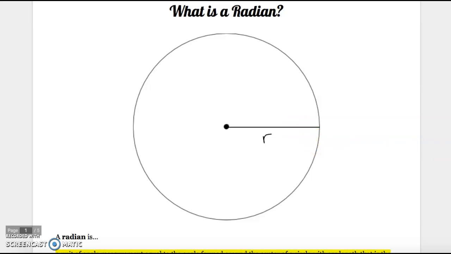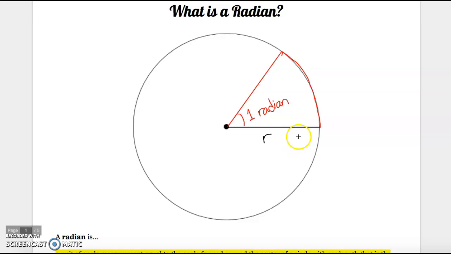What mathematicians have done is they have said, hey, the length of this radius, I'm going to go that length around the outside of my circle, approximately. Mine's not going to be perfect. And I'm going to say that that measurement, we'll call that 1 radian.